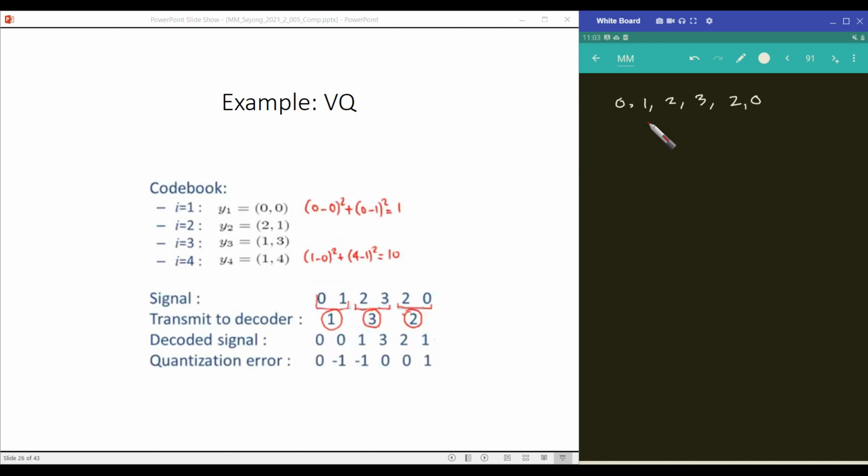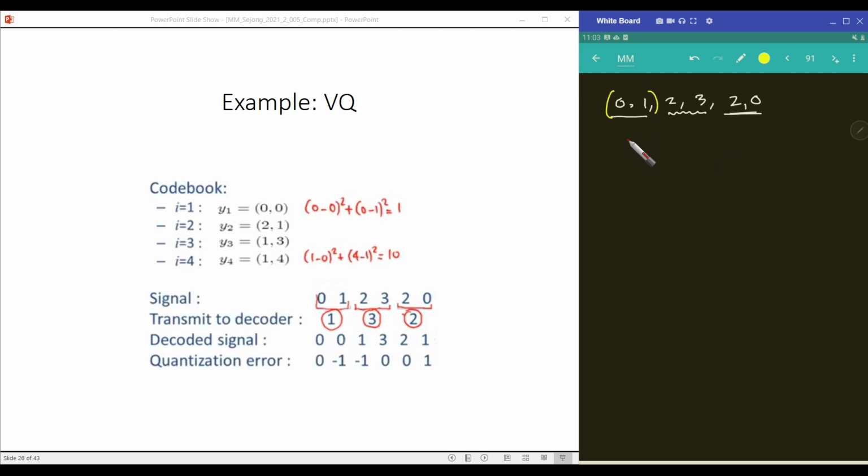Because we are using two-sample vectors, we will consider these two samples first, then these two samples, and then these two samples. So from the source we have the very first two samples, which are 0 and 1.